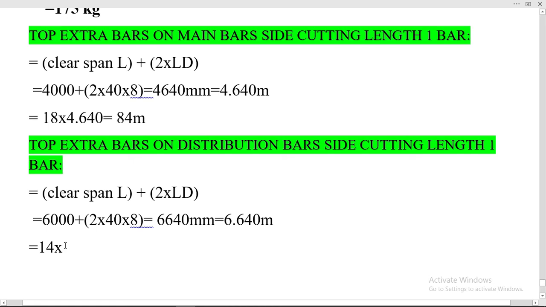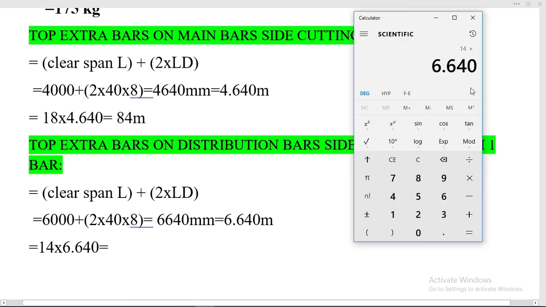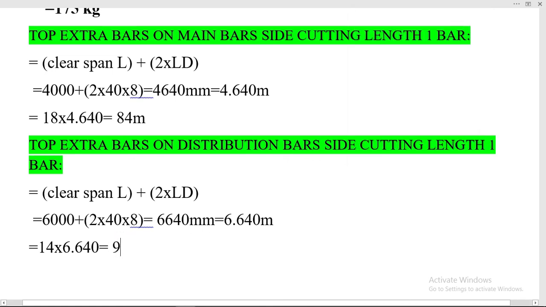So 14 into 6.640 is 92.96. Let me take 93 meter as the total cutting length required for the top extra bars on the distribution bar side.